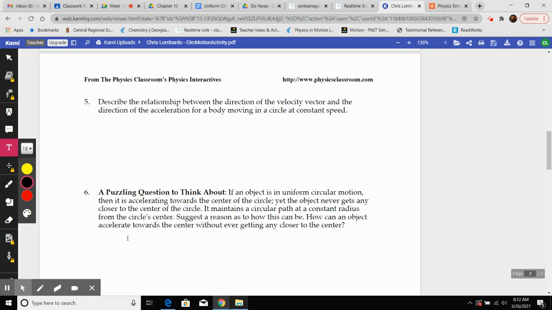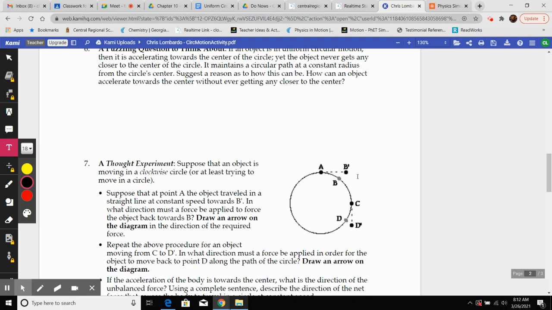per se. So I think it shows it kind of similar here. As this was going along, if you were at point A and this thing is moving around clockwise, at point A, it wants to go to B prime. But as it makes its rotation, it stays where B is. And that has to deal with the fact that our force is always going to be directed inwards, like our acceleration.